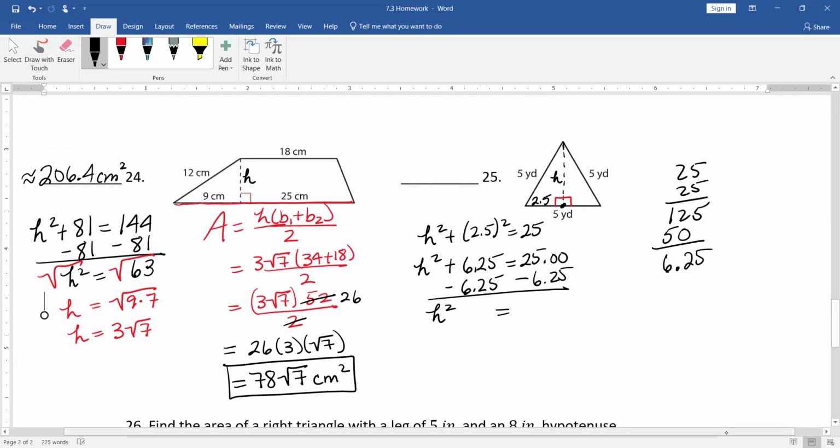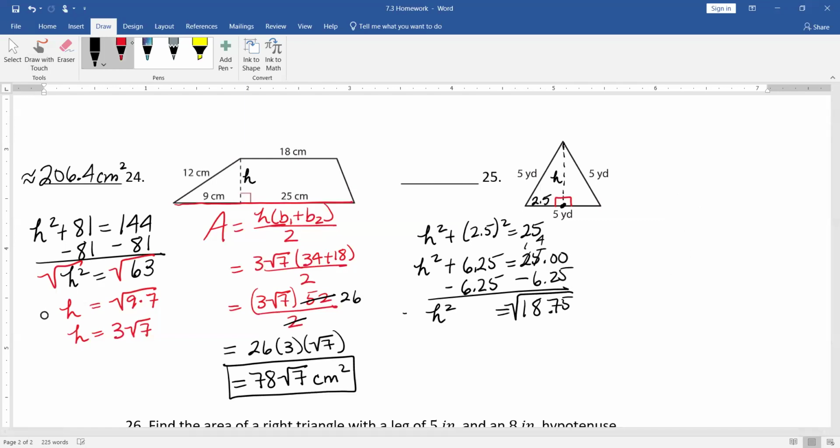h squared equals, borrow, so 14 minus 6 is 8, so 18.75. And then we square root it. 25 times 25 goes into 1,875.